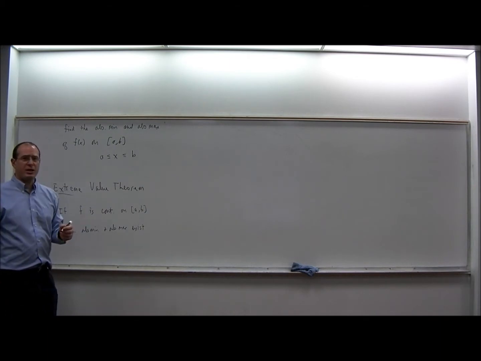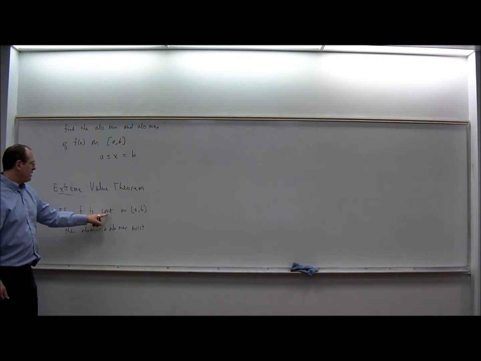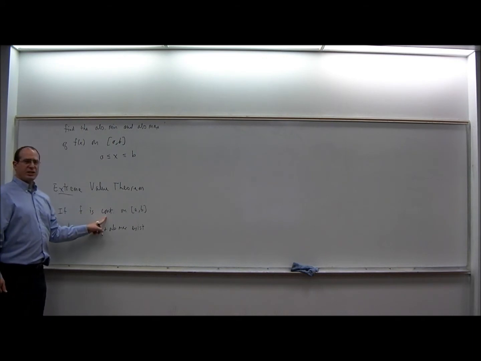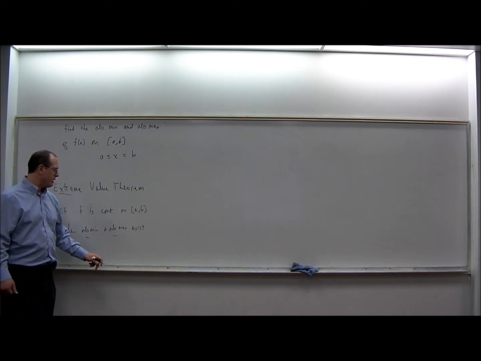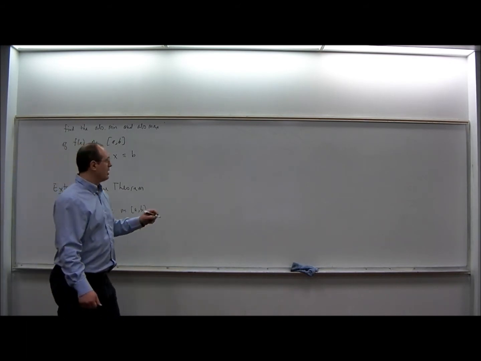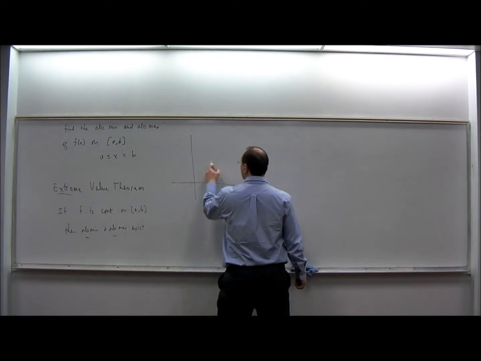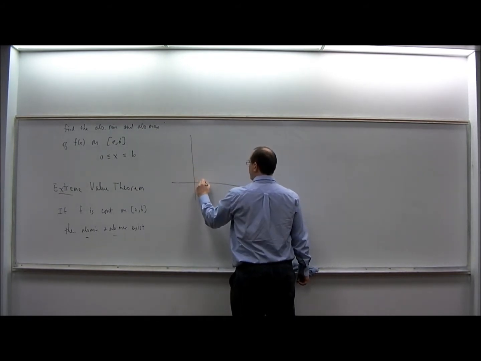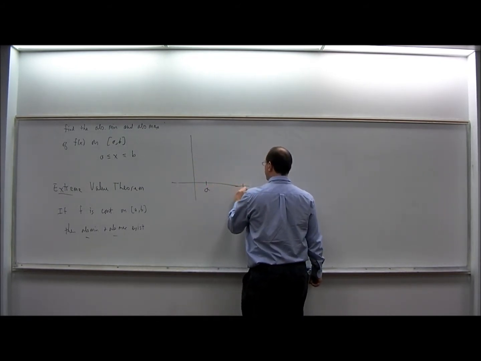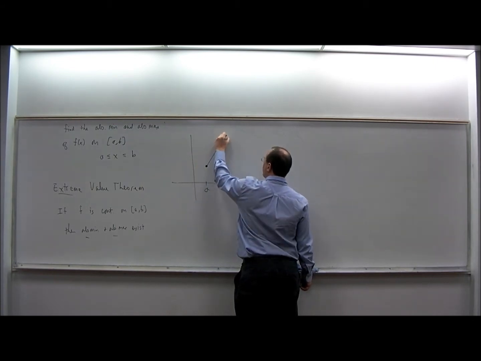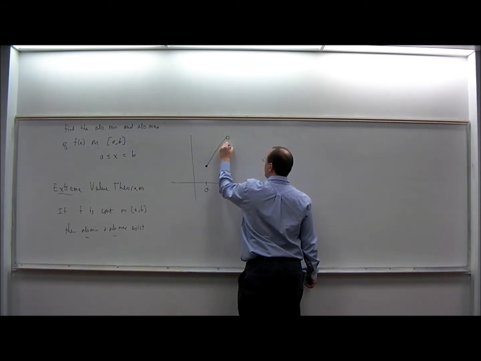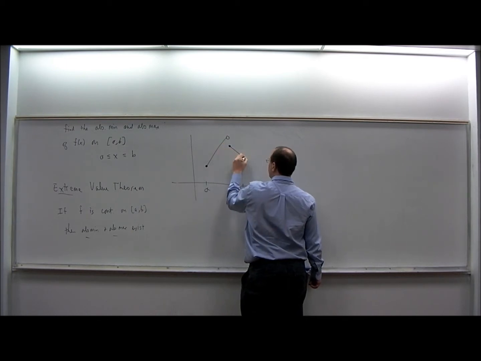Now let's just take a quick look at what happens if either f is not continuous or this interval is not closed. Because then there is no guarantee that the absolute min and the absolute max exist. Let's take a look at an example where we have, let's say this is a and this is b here. And let's say we have a simple looking function except that it has a jump discontinuity.